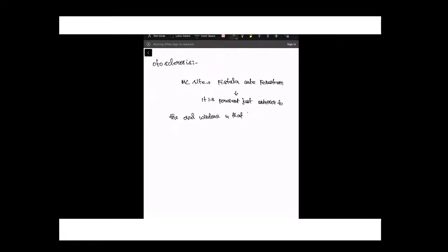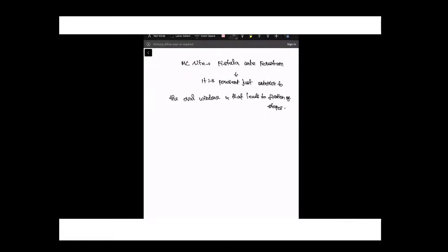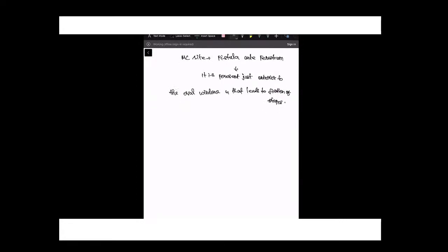That leads to the fixation of the stapes bone. Presentation is important.